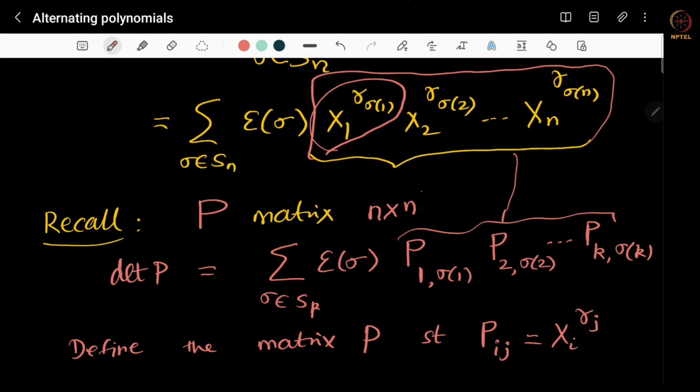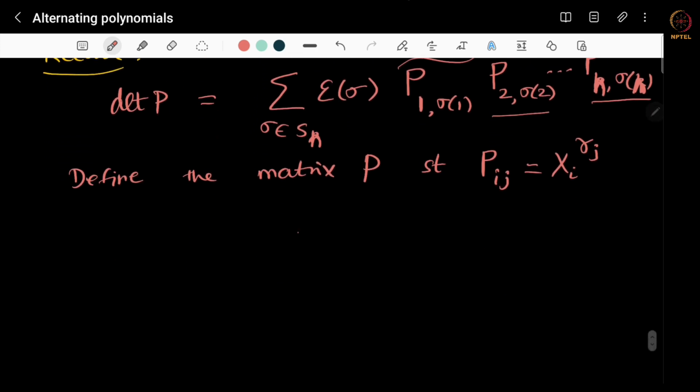Okay, so if you define your matrix like this, the ijth entry is xi power gamma j. Okay, let's write this upstairs. Such that Pij, then observe that this expression I wrote here is exactly going to match with this expression here.